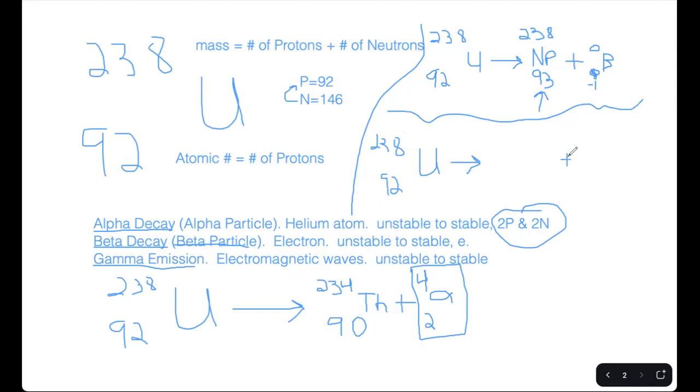And gamma is written kind of like this weird looking y. Something like that. A wave does not have mass and it has no protons. So that's how we list it. And if we don't change the mass and we don't change the number of protons, well, then we're still left with uranium.